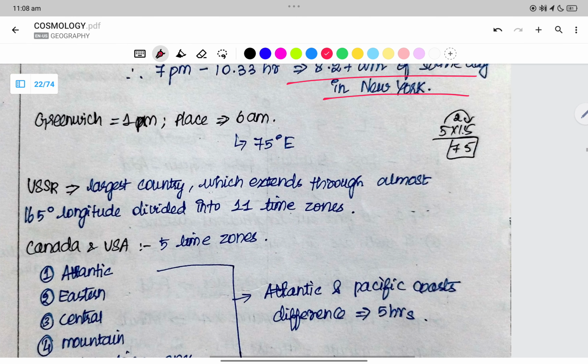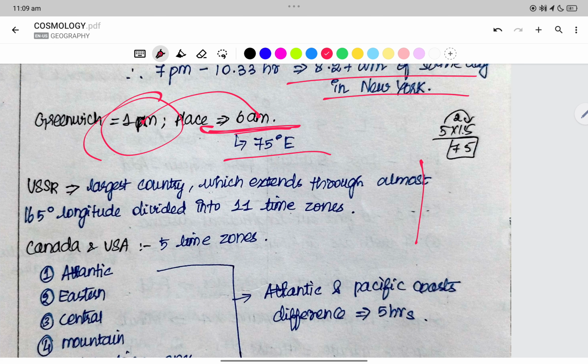Of the same day, 1 p.m. in Greenwich, and a place is at 6 a.m. So we have p.m. and a.m. We know Greenwich is 0 degrees, right?